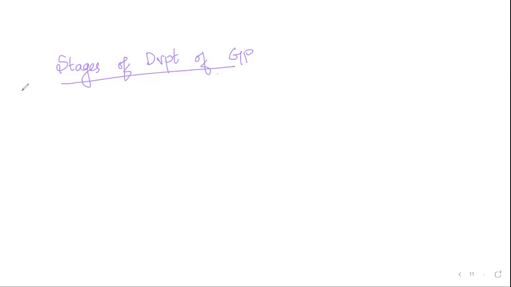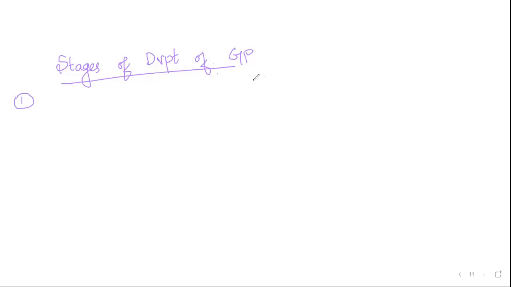Okay, so we'll go ahead. Number 1, stages of development of growth pole. Polarization means centralization. Polarization, the word is so simple. Polarization means centralization. Stages of development.